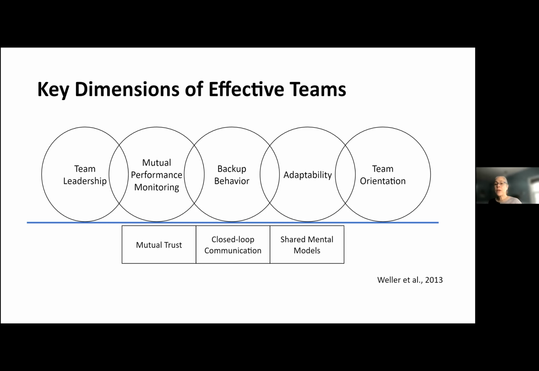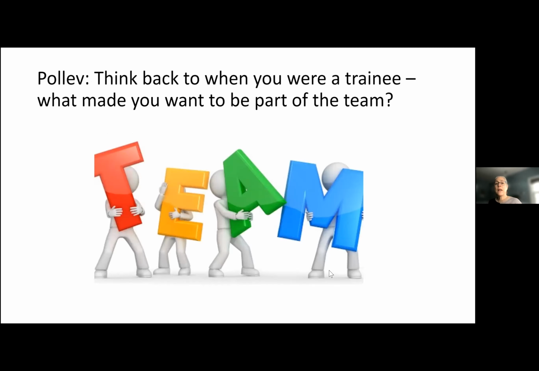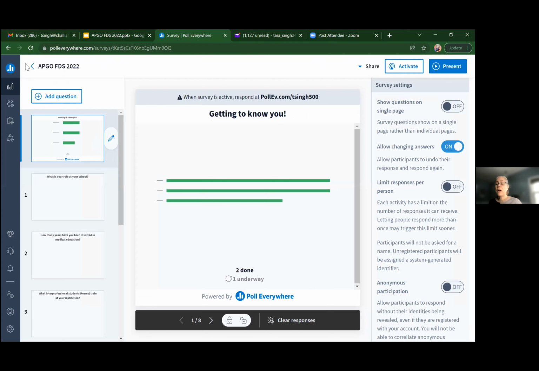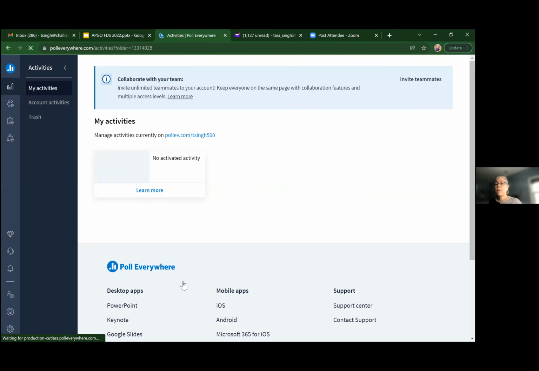So we can go to the next slide. And this is our poll. And so we want to know what people think about what made them want to be part of their teams, and perhaps specifically in the setting of OB/GYN, in the OR, on labor and delivery, in clinic.